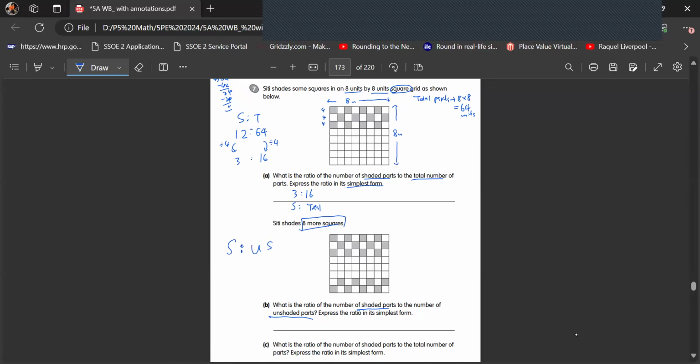So just now we already counted 12 squares. So 12 plus 8. Then we know 64 minus 8. Or you can just diligently count one by one again.